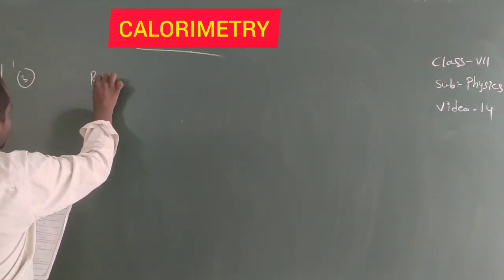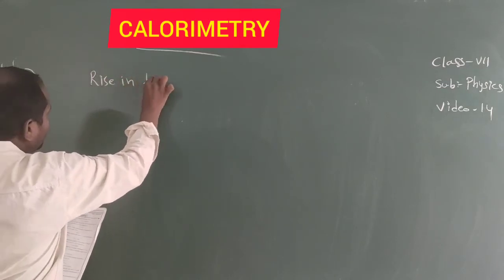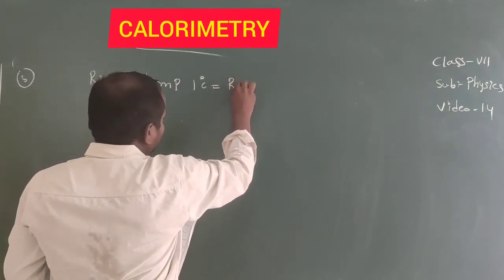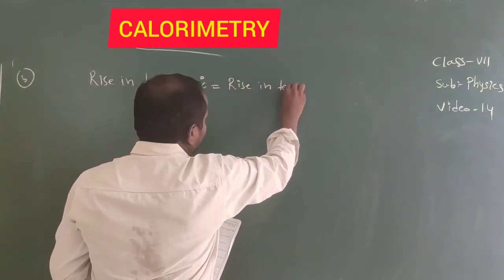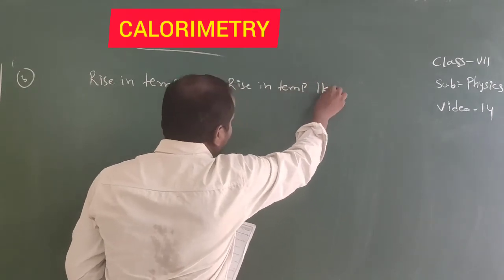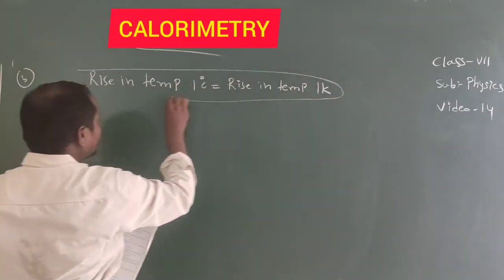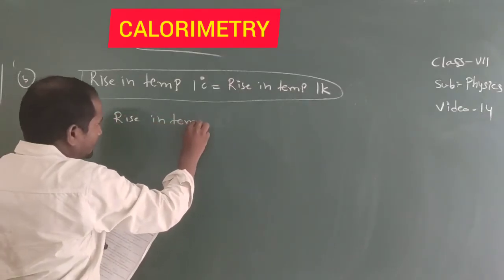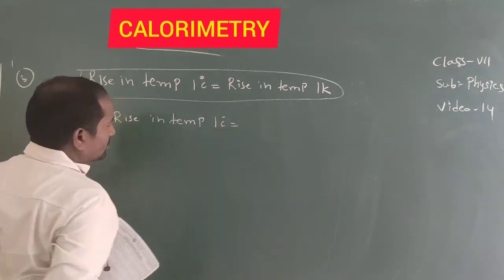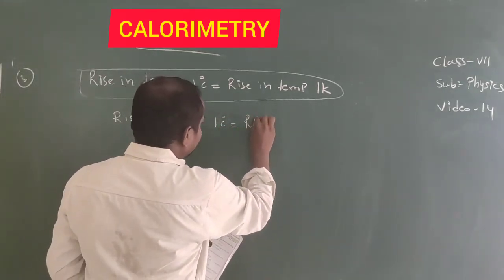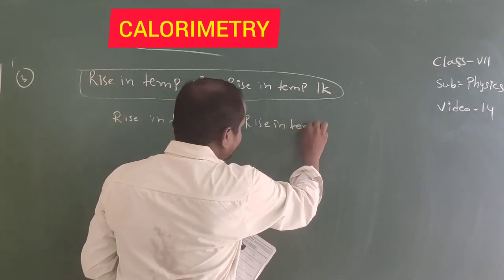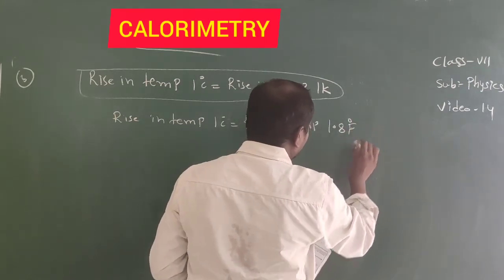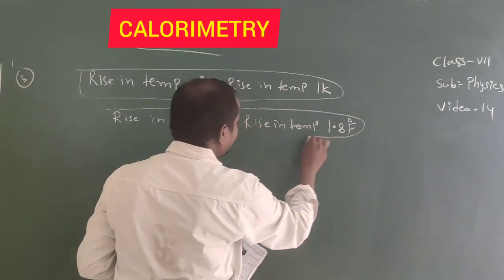Rise in temperature 1 degree Celsius equal to rise in temperature 1 K, both are equal. Okay, next one, rise in temperature 1 degree Celsius equal to rise in temperature 1.8 degree Fahrenheit. Isn't that?